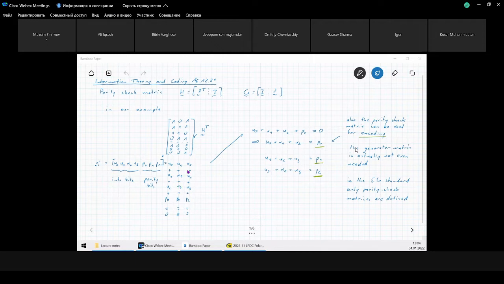So we will also use parity check matrices in 5G systems which make the encoding routine easy to implement. This determines somehow the structure of how the parity check matrix will look if we want to use it also for efficient encoding. But we will get back to this later.